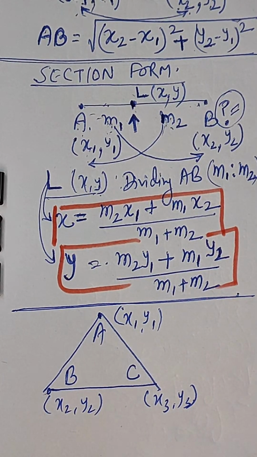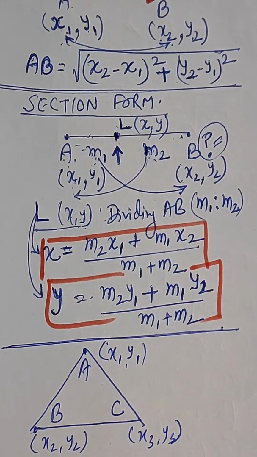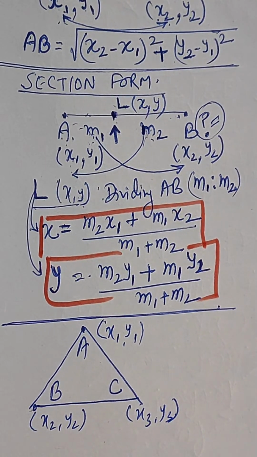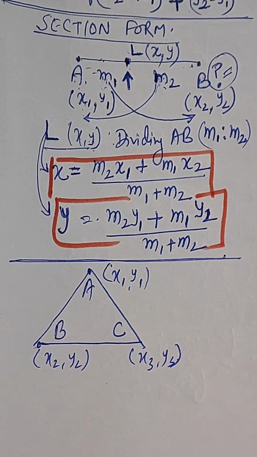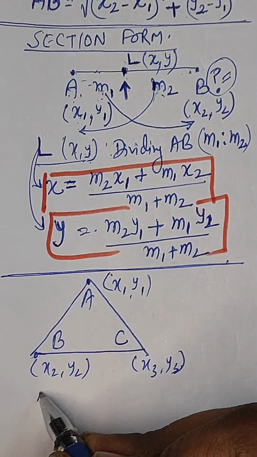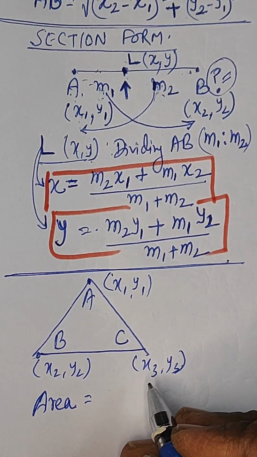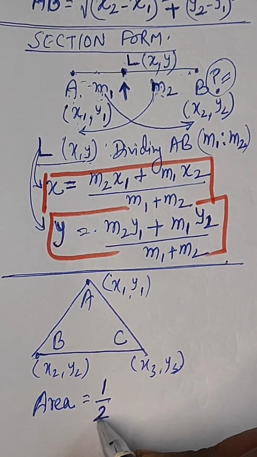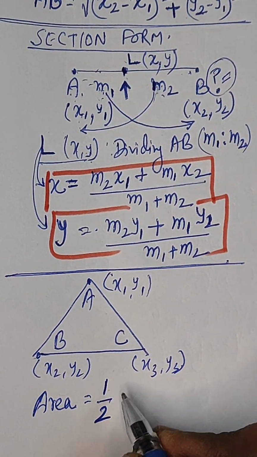Then in this case we can simply remember the formula. What is that? When the area of the triangle needs to be calculated, it can be calculated very easily. And just remember, don't forget the determinant, just remember this one: half of, right?